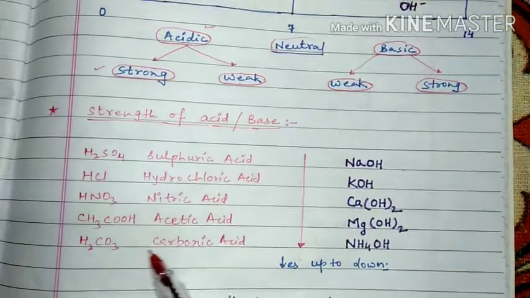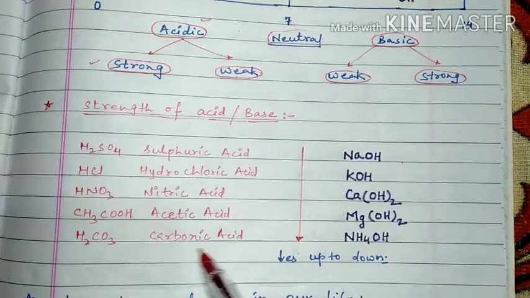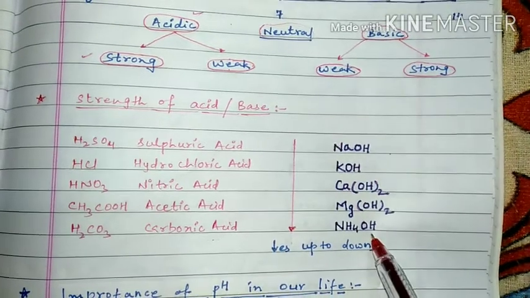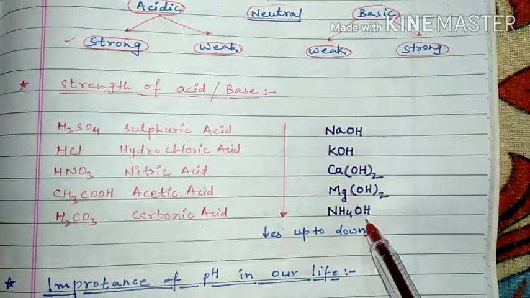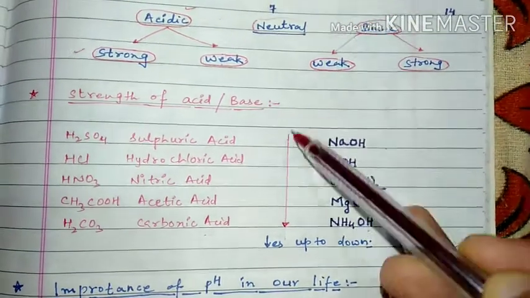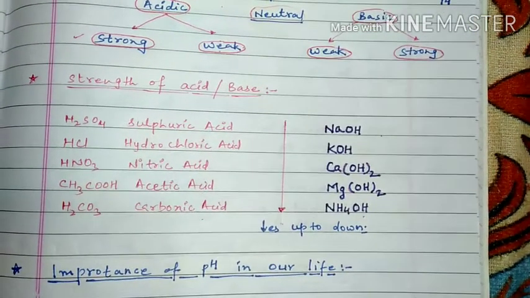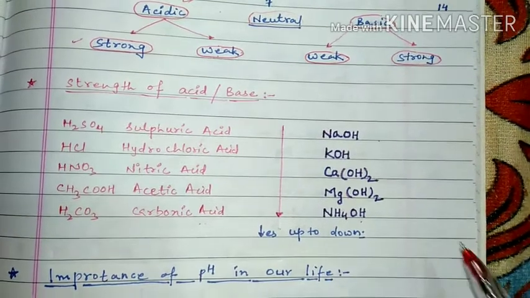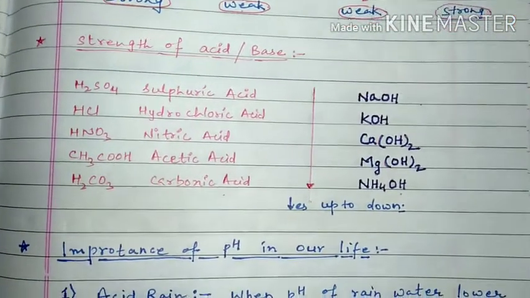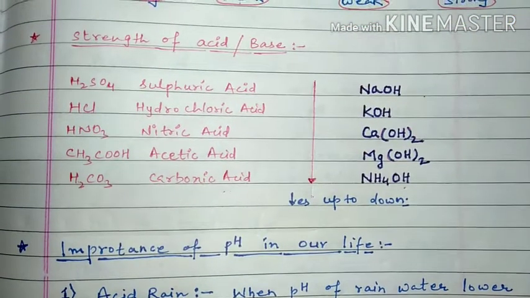Similarly, carbonic acid is a weak acid, and ammonium hydroxide is a weak base. So as we go down this table, the strength of acid and base decreases. This is very important to solve different kinds of problems and exercise questions.